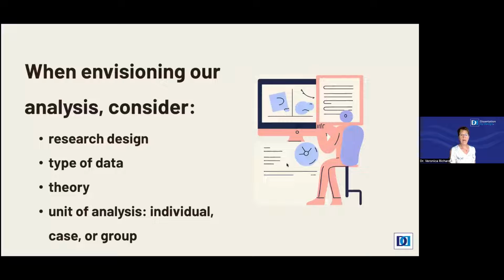Okay. We need to consider the type of data we have. If I have visual data, my analysis is going to be different. I need to have a plan that helps guide me. What am I looking for in the visuals? Am I doing observations? What am I looking for in my observations? Those are the types of things that we want to be thinking about. Theory. How is theory coming into play as I move through my analyses?